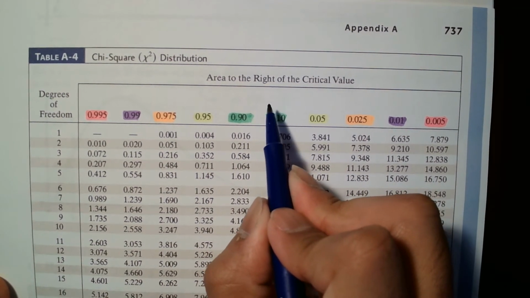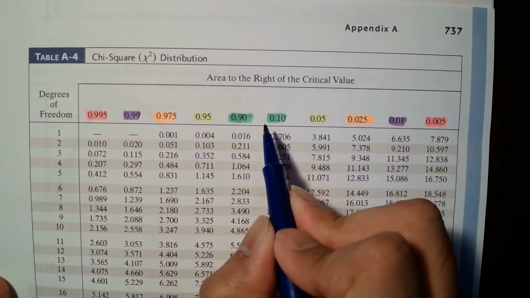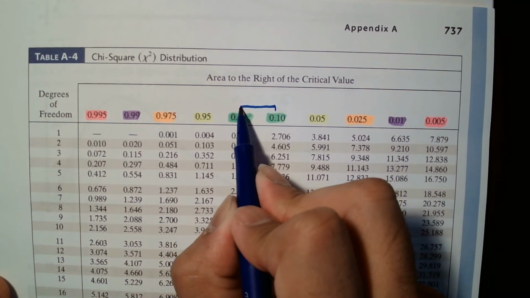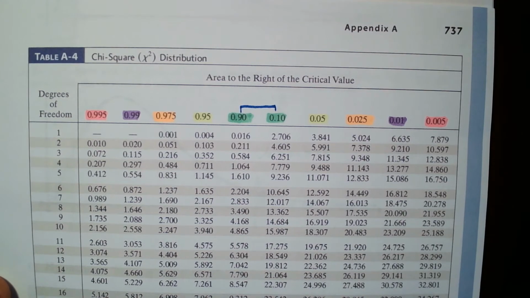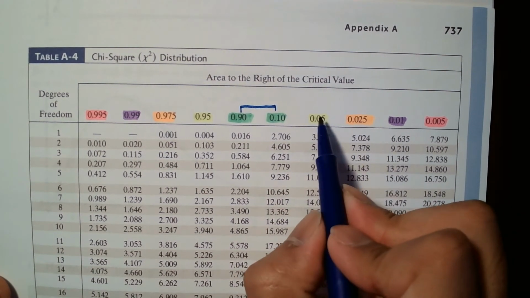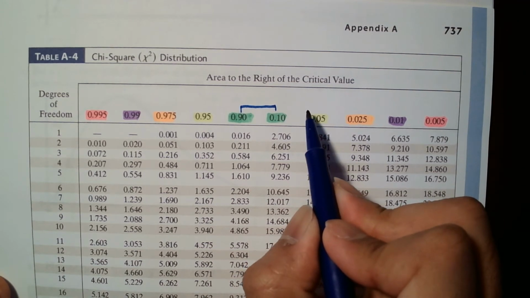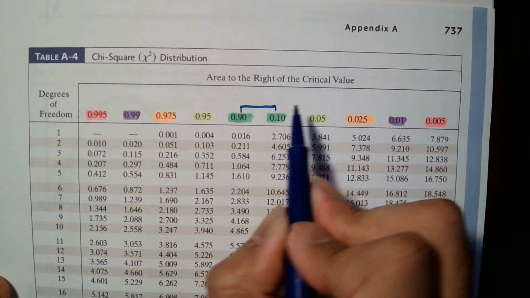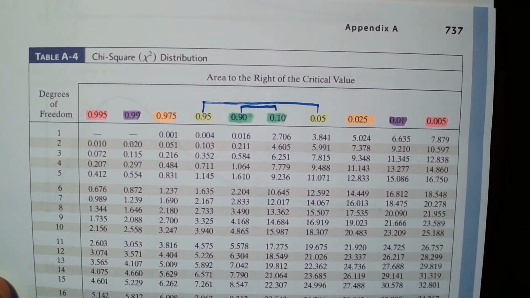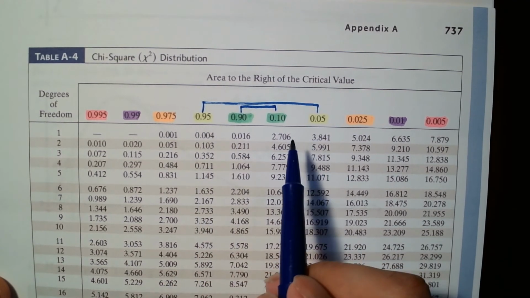If a test is to be conducted with alpha of 0.1, its complement is 0.9, because if you add these two numbers, you get 1. If a test is conducted with alpha equals 0.05, its complement would be 0.95, because if you add these two numbers in yellow, you get 1.